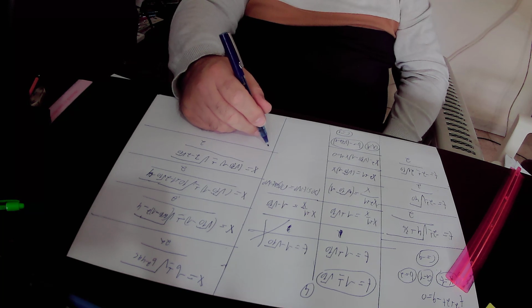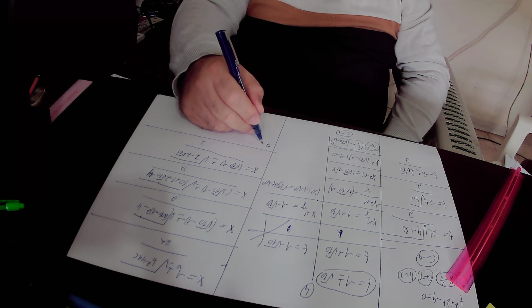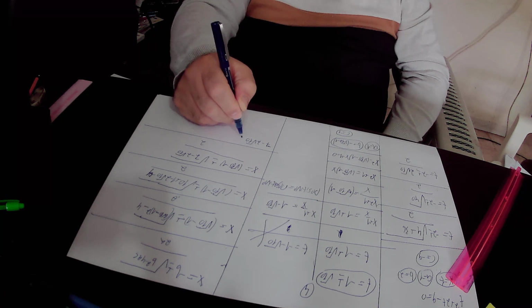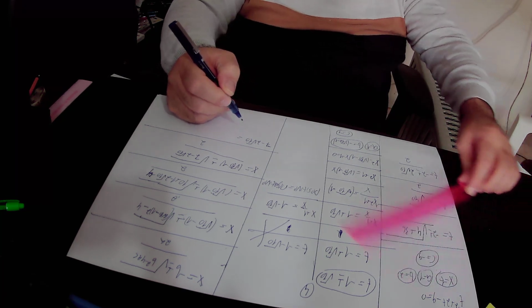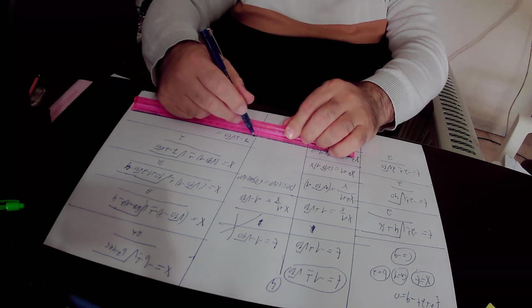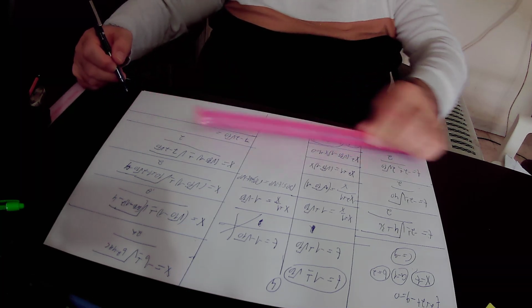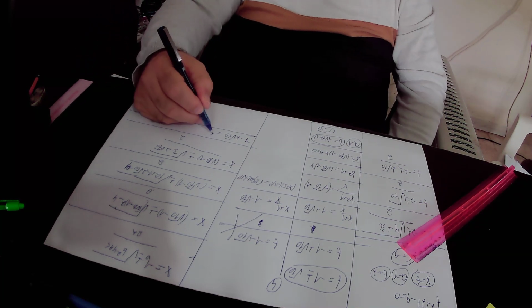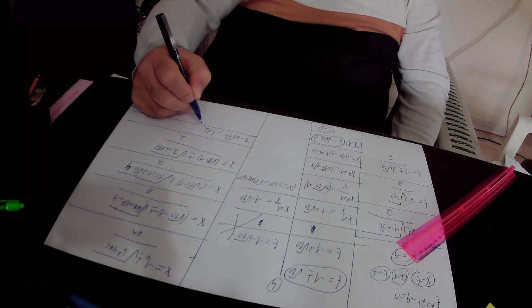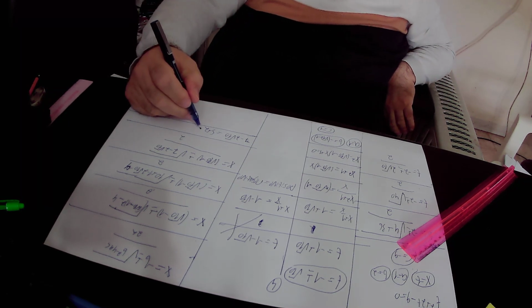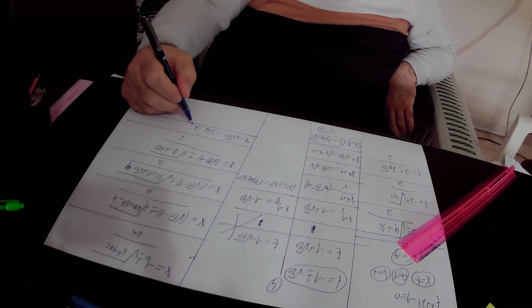So actually 7 minus 2 times square root of 10 equals, 7 is 5 plus 2, minus 2 times square root of 10, and square root of 10 is square root of 5 times square root of 2.